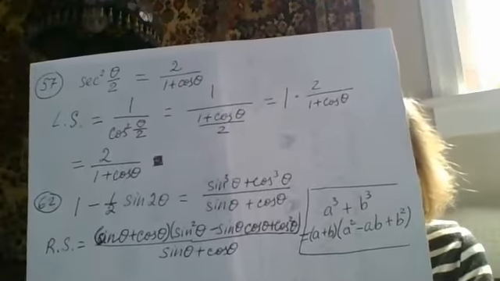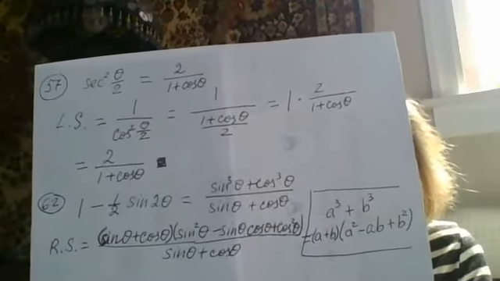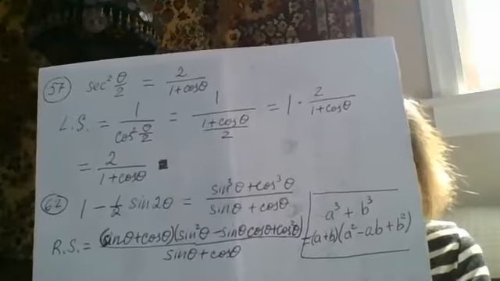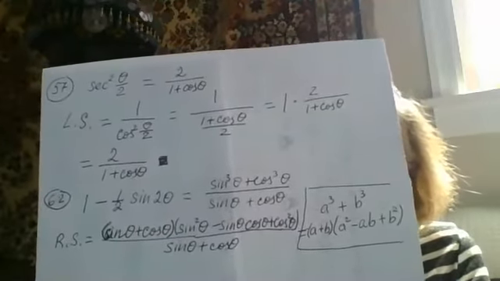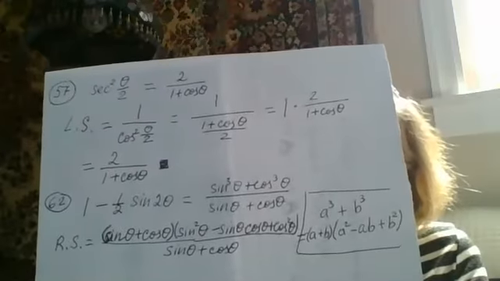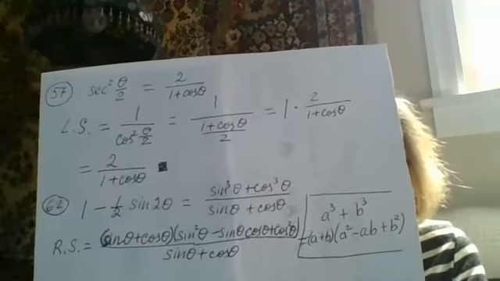Can we cancel this algebraic fraction? Yes, we can. We will not be canceling sine with sine, cosine with cosine, because it is illegal. Sine theta plus cosine theta is a solid piece.